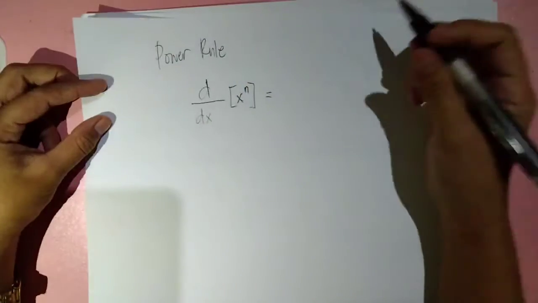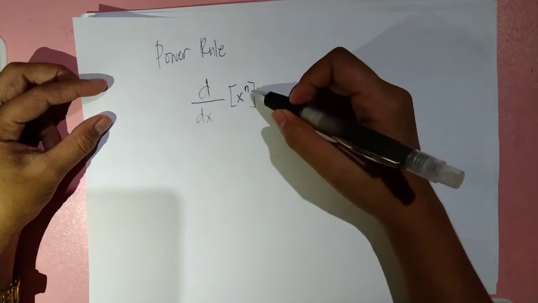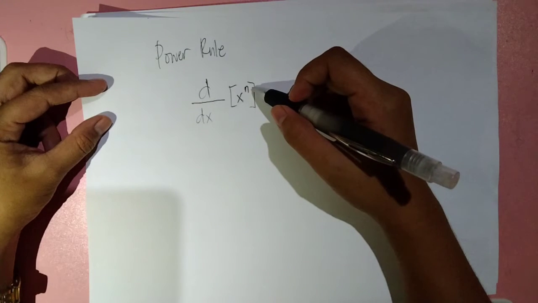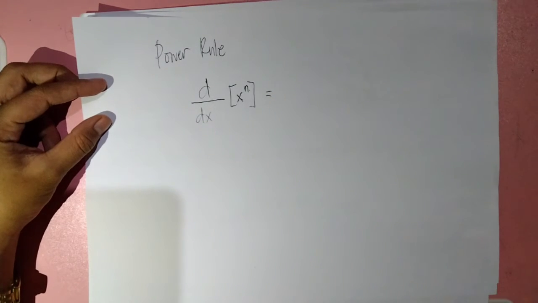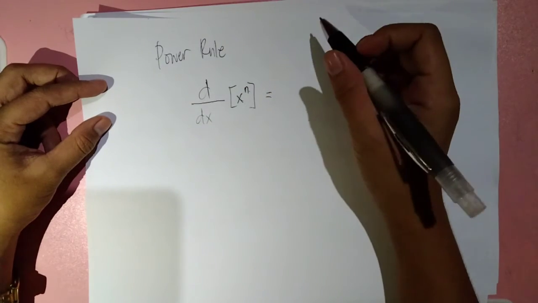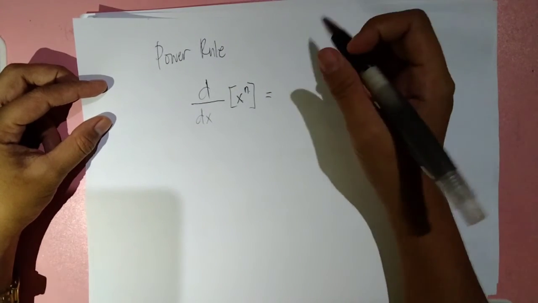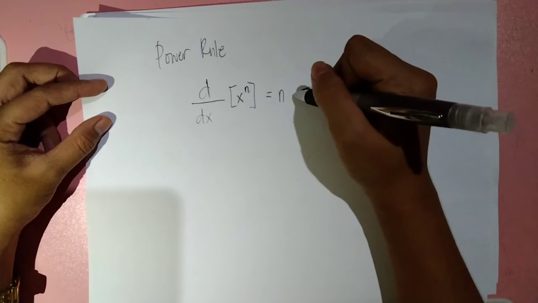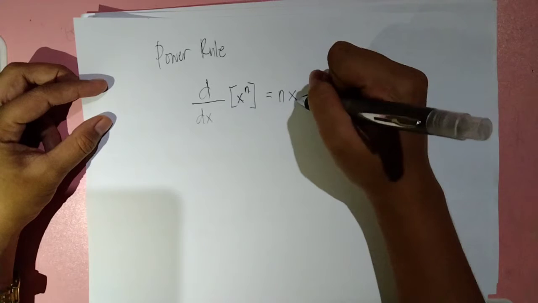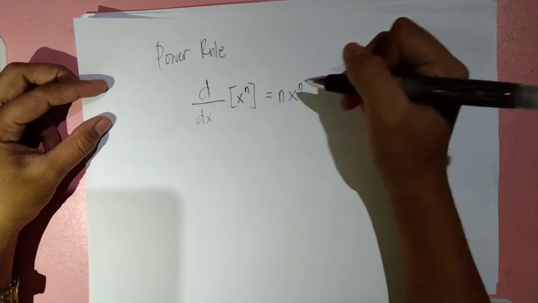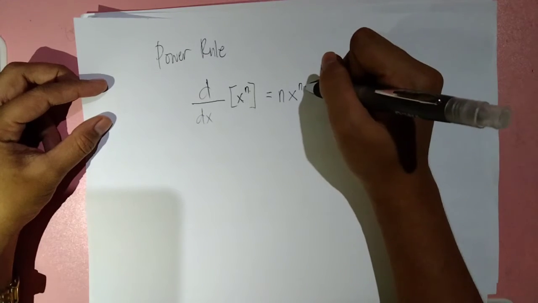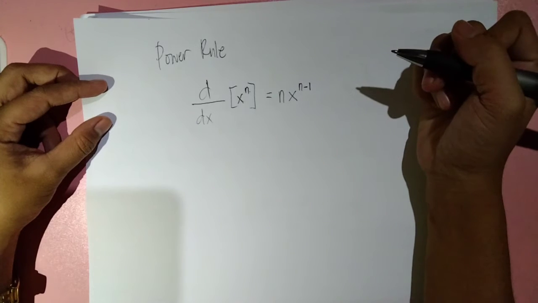In the power rule, what you are going to do is multiply the exponent to the coefficient of the term or the function itself. So we will disregard the d already when we start the process. That becomes n. After multiplying that to the coefficient, you are going to subtract 1 from the value of n.